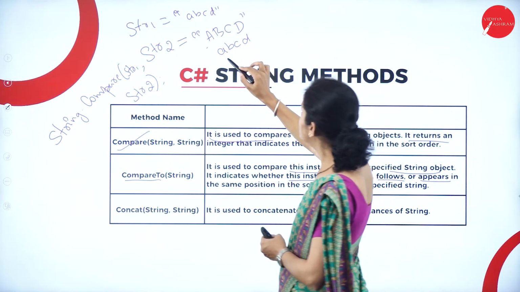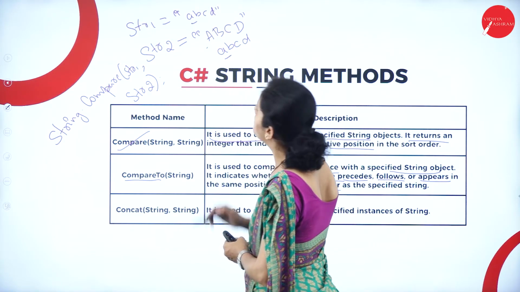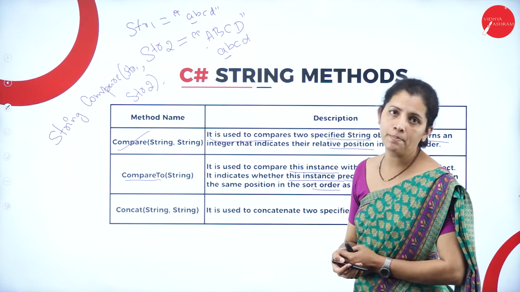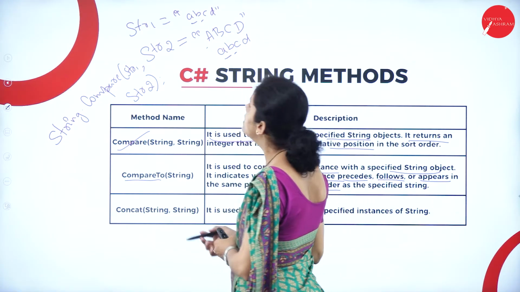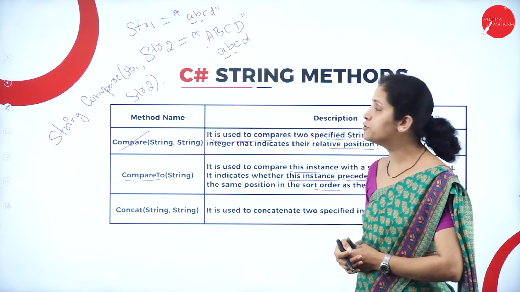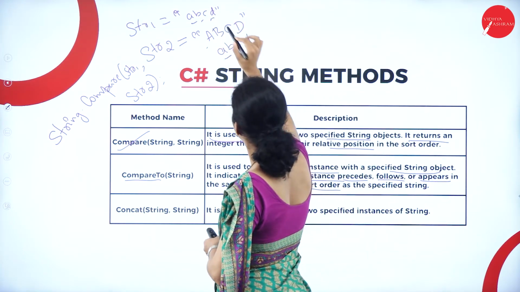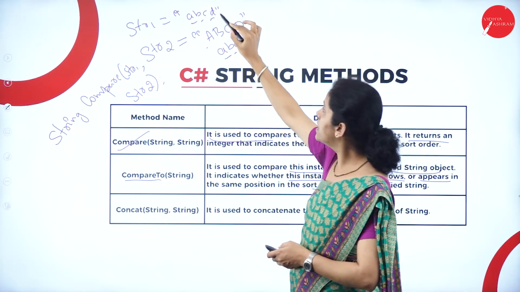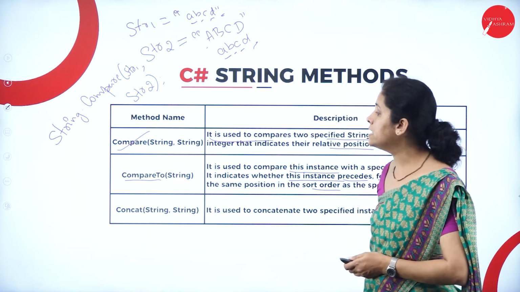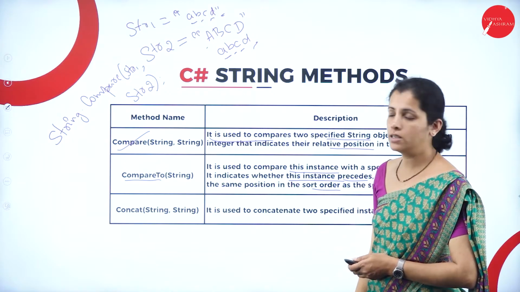See, this A and this A are present at the same position, and this B and this B are present at the same position, and this C and this C are at the same position, and this D and this D are at the same position.